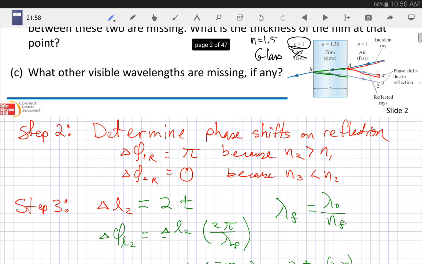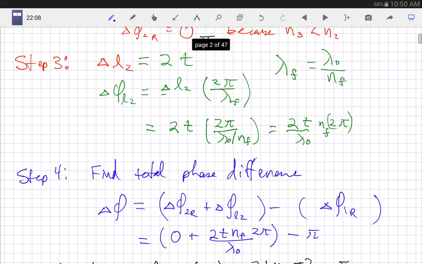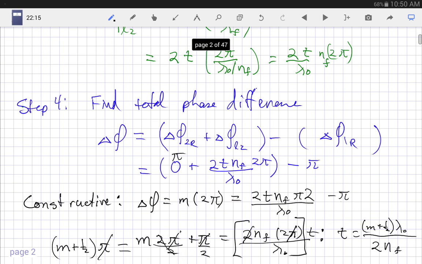It's going slower, so if I made that change, this would have become a pi instead of a 0 here, because it would have had a phase shift there as well. And then, continuing on, I would have had to put that pi right here, and my solutions, it turns out, would have been reversed. The solution for constructive and the solution for destructive would have been reversed.